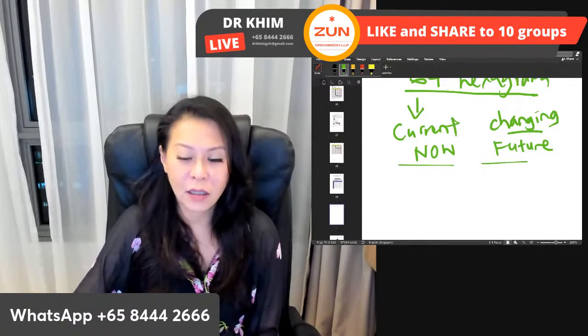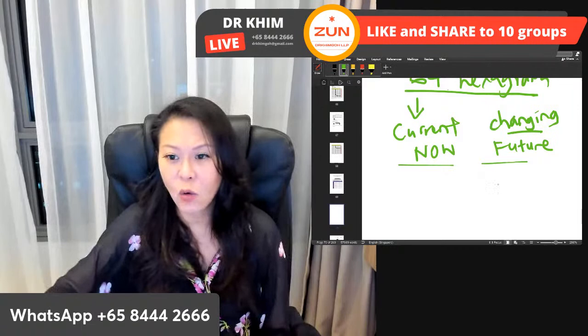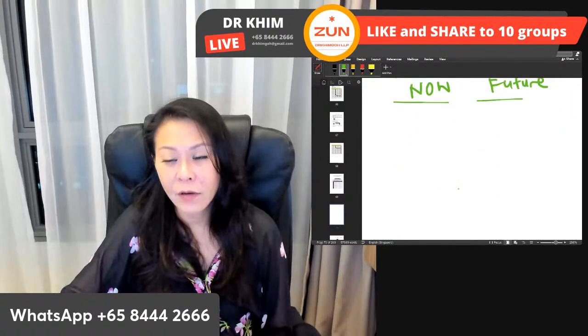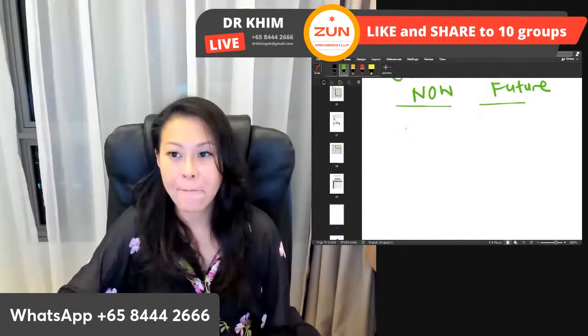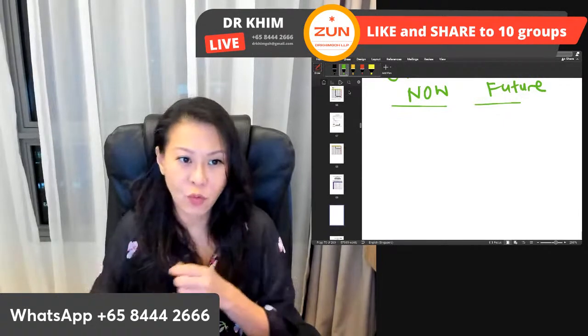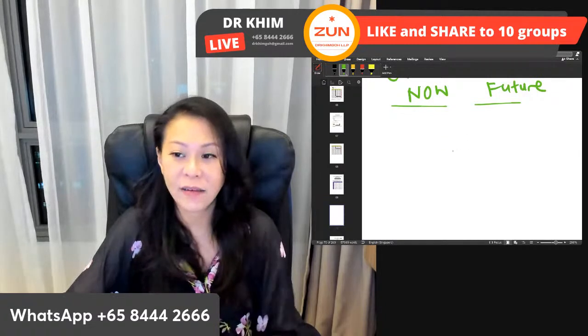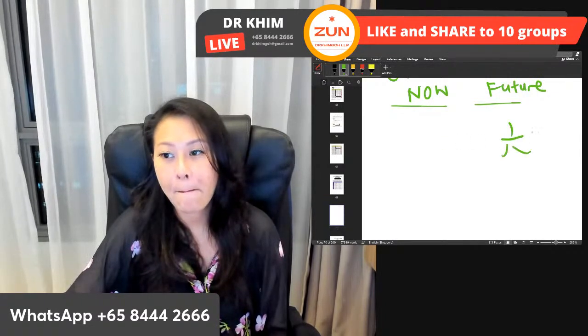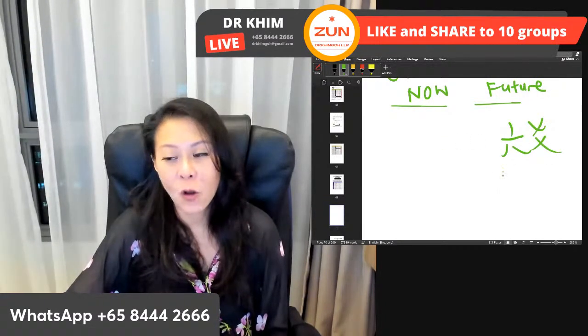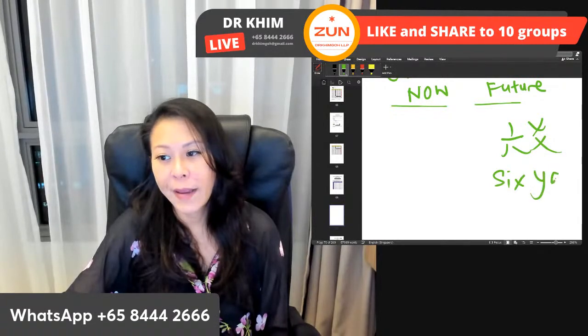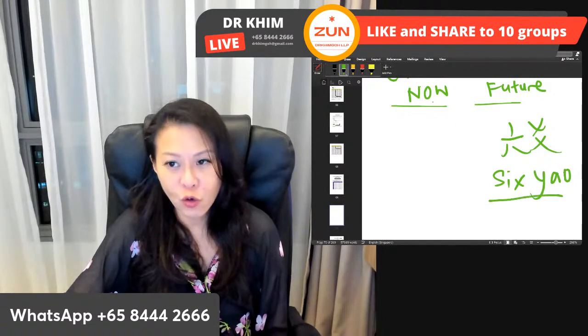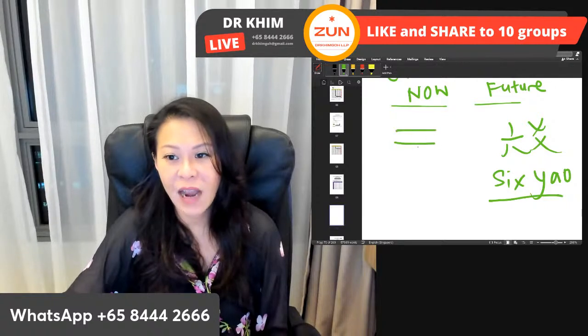So how to read, teacher? When you want to read a hexagram, first thing first, you have to read the main hexagram, which has six lines. We don't call them six lines, we call them six yao, Y-A-O. When you throw, you will receive lines.